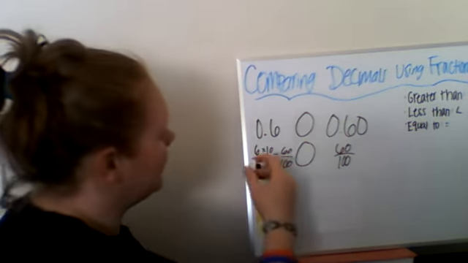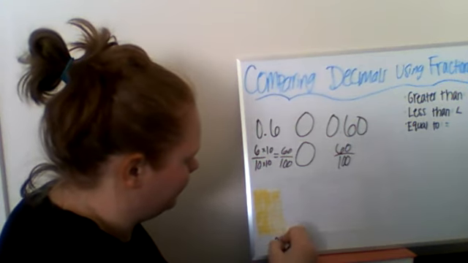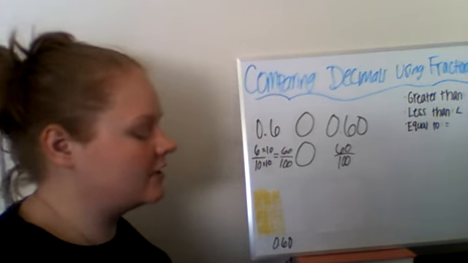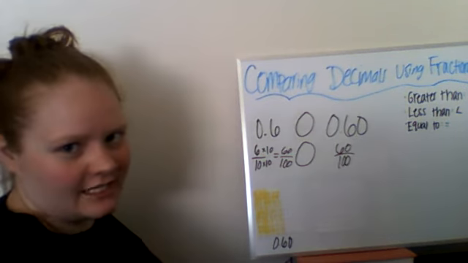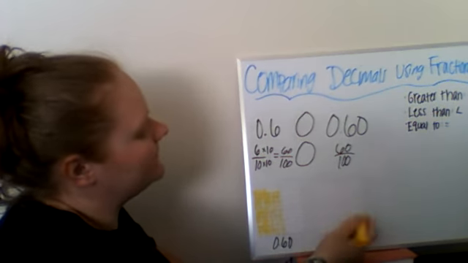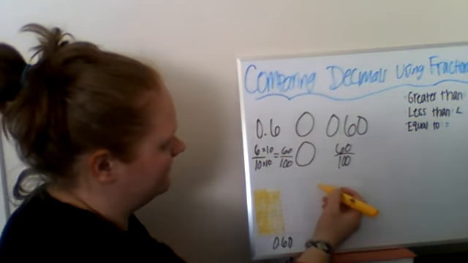So in this case, I have 60 pennies. Now let's look at our second number, 60 hundredths again. That just means I'm going to color in 6 groups of 100 or 60 pieces.